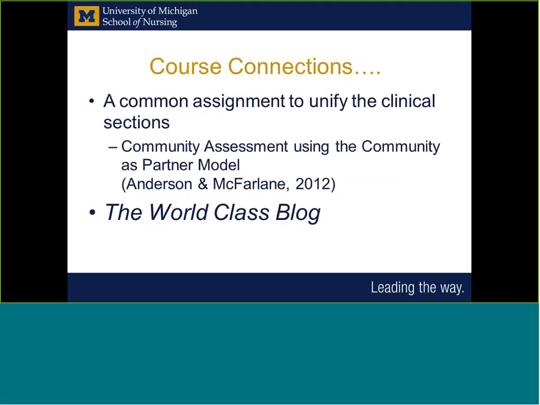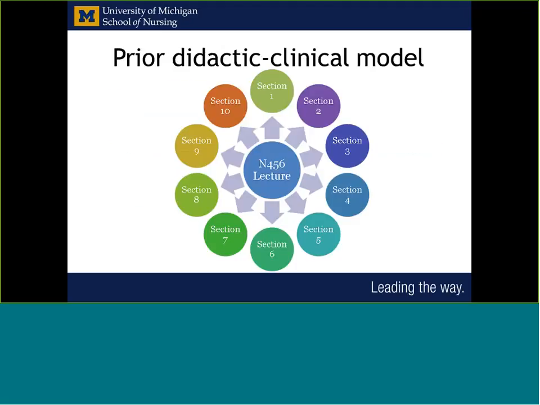So another strategy that we use to unify the work of all of our sections is the world-class blog. And the community assessment model that we use is the community as partner model by Anderson and McFarland. So this is what our course looked like prior to our efforts to globalize.